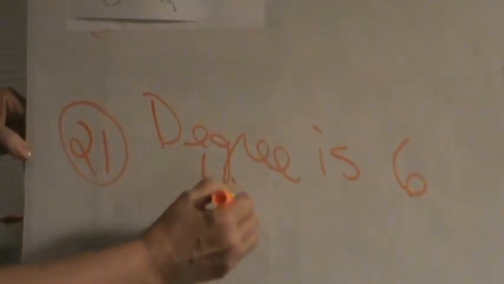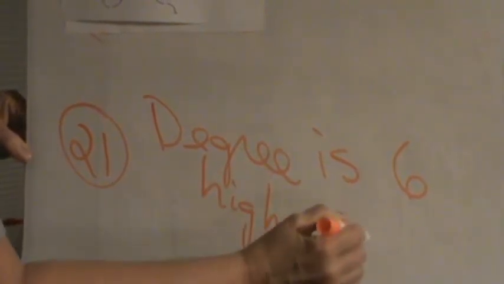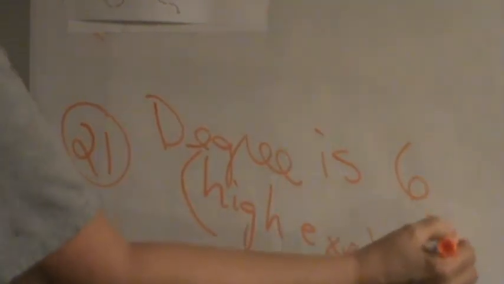Degree means the highest exponent. 6 is even. But the lead coefficient is negative. It's -pi. When you have an even degree and a negative lead, both ends turn down.